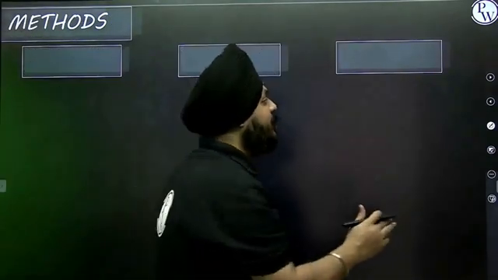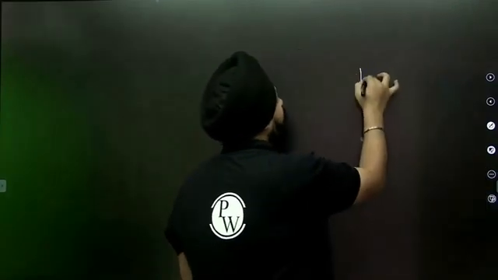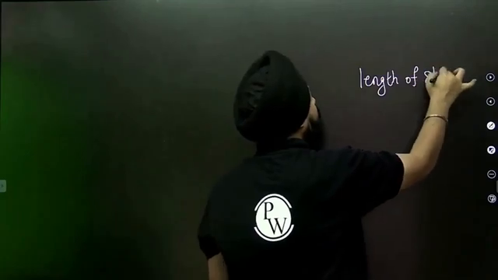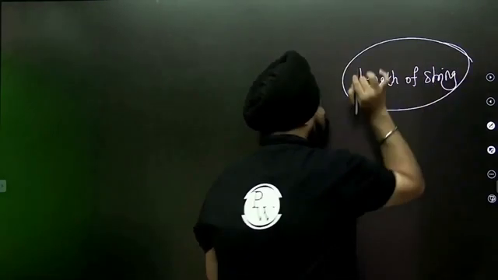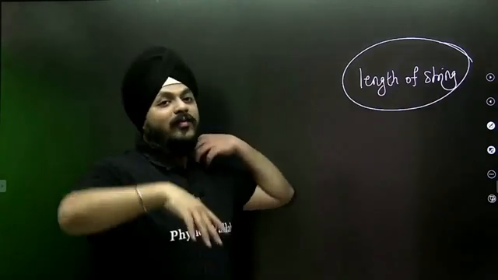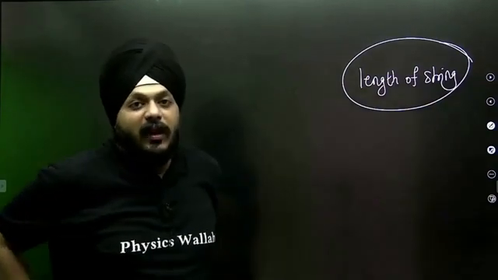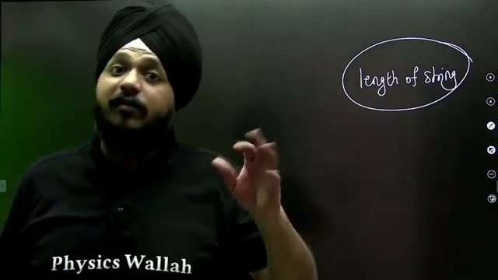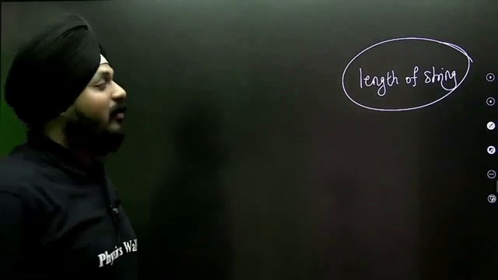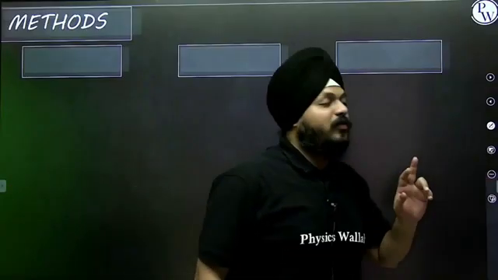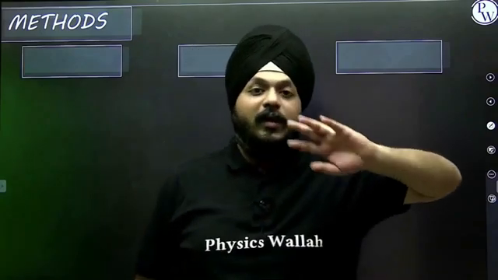First of all, the most important method is the length of string. This is the most important method. But this is so lengthy, right? It is going to consume the maximum amount of the time of the paper. It is that much lengthy, right? So I never used to discuss this. We are directly using these 3 important ones.